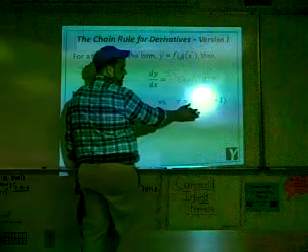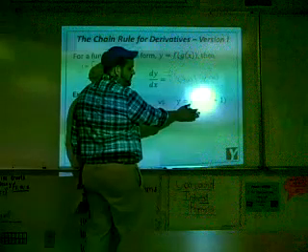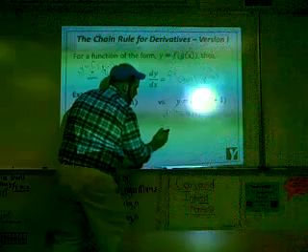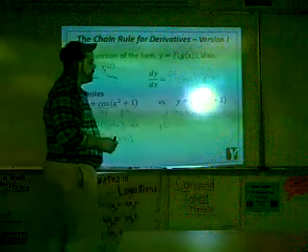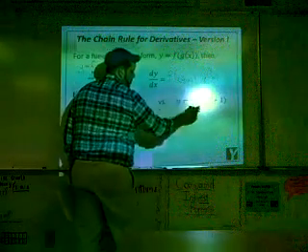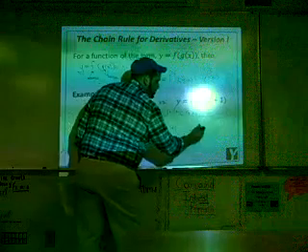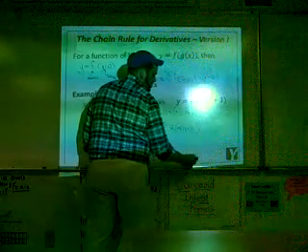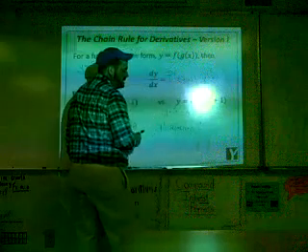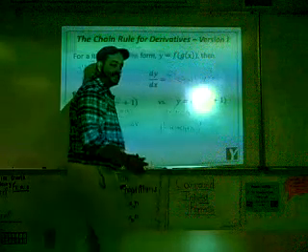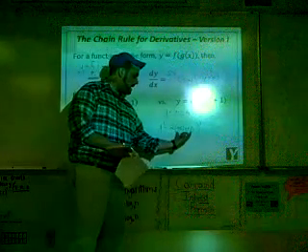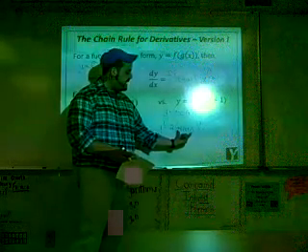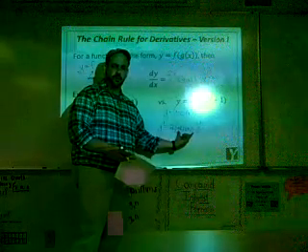So if I cover up cosine x plus 1, I do have a function that we know well. It's something squared. Well, how do I take the derivative of something squared? Our rule is we bring the 2 down in front, so it's 2 times that something, 2 times the cosine of x plus 1, to the 1 less power. Now, because it's a chain rule, I have to go back and take the derivative of what's on the inside. Well, what's on the inside is cosine of x plus 1.